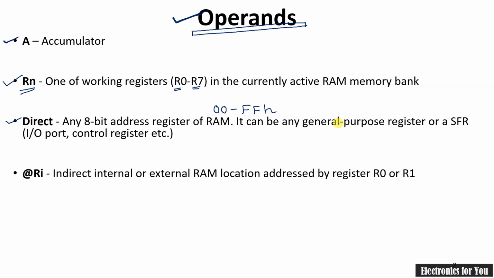The next one is the indirect address, and it is indicated by the @ sign followed by Ri. Here i stands for 1 or 0. Therefore, only two registers are used as a pointer in case of indirect addressing mode, and they are R0 or R1.